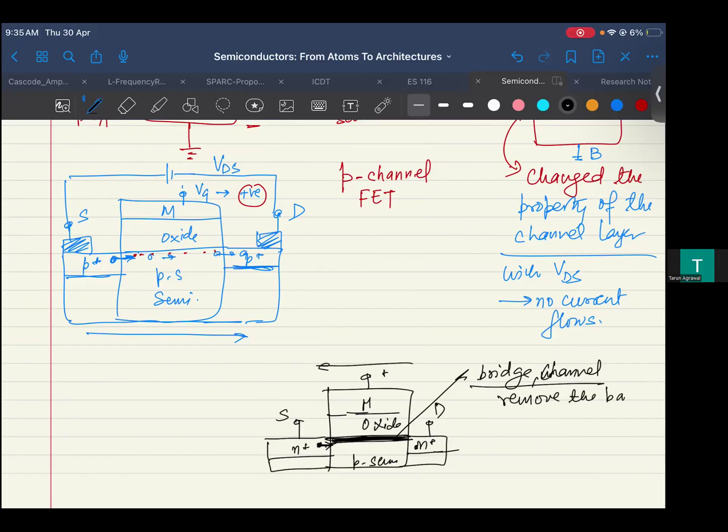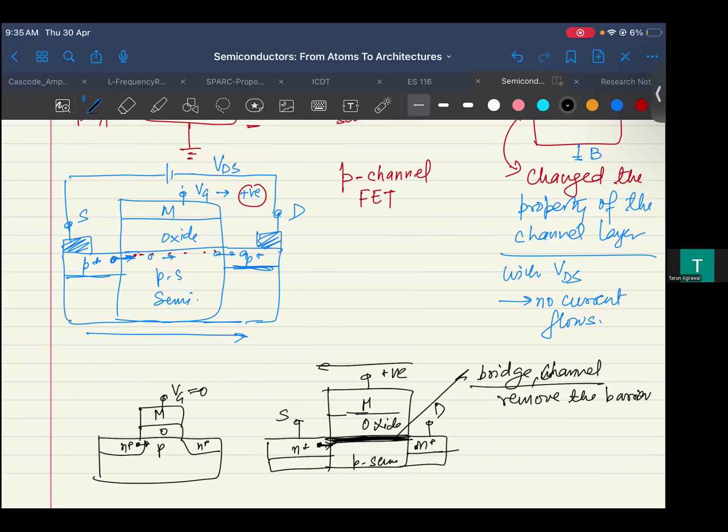So that means initially at Vg equal to zero, the state was providing a barrier, right? This was like this. This was a P type and this was N plus. So there was a barrier because the electron felt, oh, there's a P type there, right? So at Vg equal to 0, this felt a barrier, but at Vg positive, this does not have a barrier.